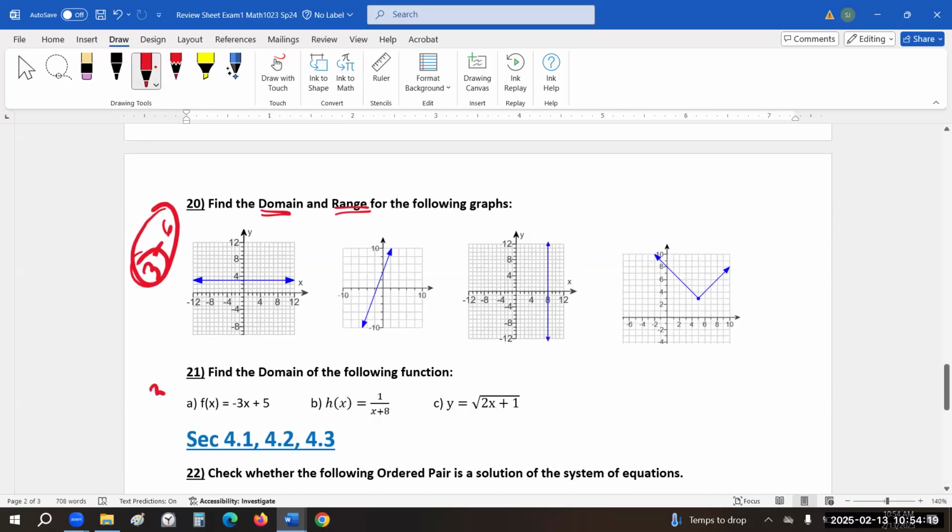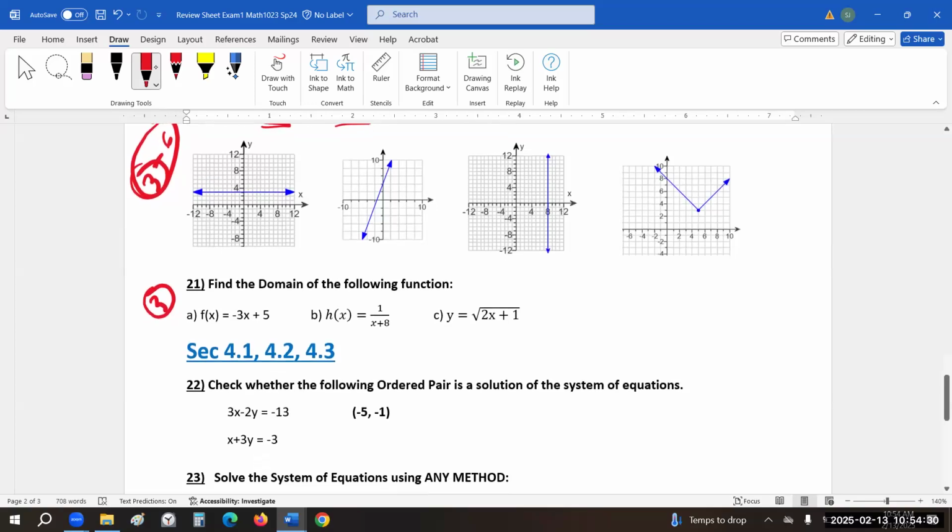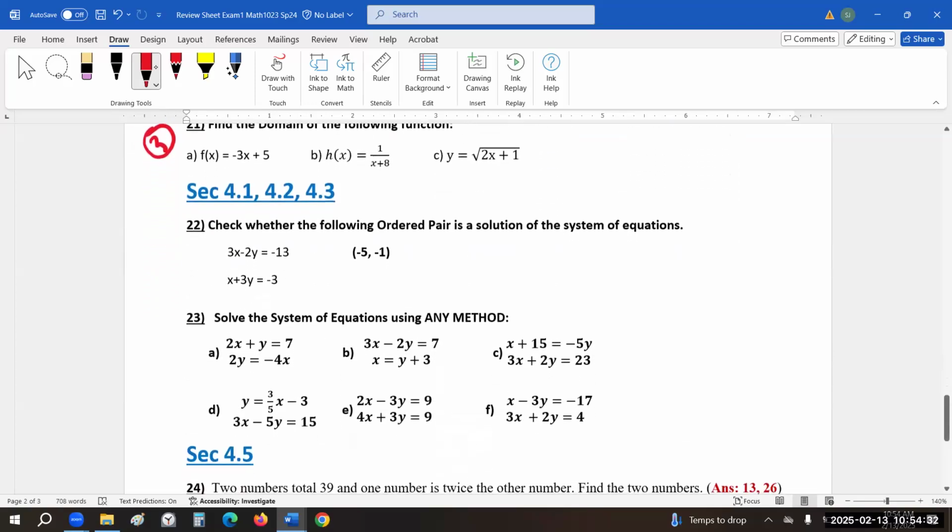All 3 here: one linear or polynomial, one rational, and one square root. And 2 from here. Okay.